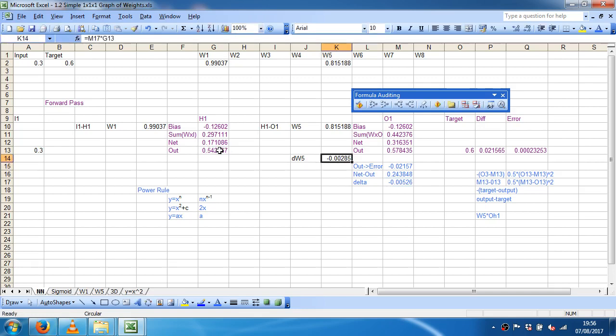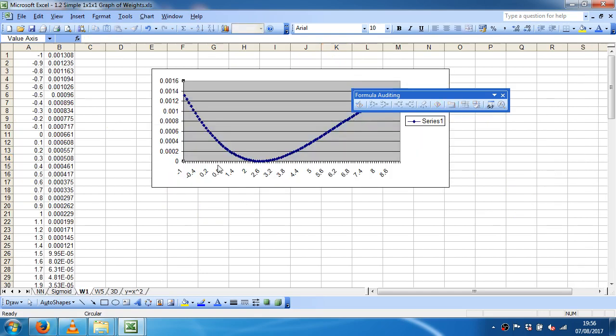So that gives us our gradient. So that is the gradient of the graph of all these calculations with respect to weight 5. Remember looking at the graph, the value of weight 5 is 0.8, roughly speaking. 0.8 is here. Yes, the gradient is negative.